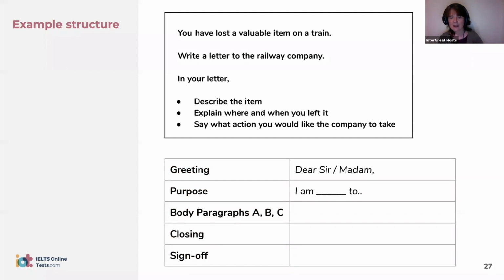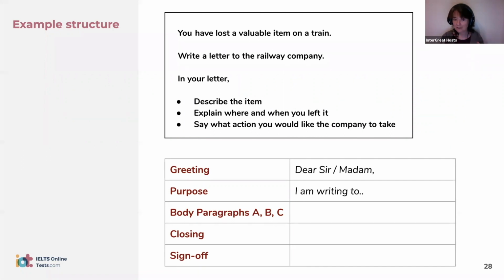Then we're going to have the purpose. Again, these are letter conventions. One of the things they're looking for in task achievement is the correct letter conventions. Because they're conventions, they're set phrases, which means you don't want to change them in any way.